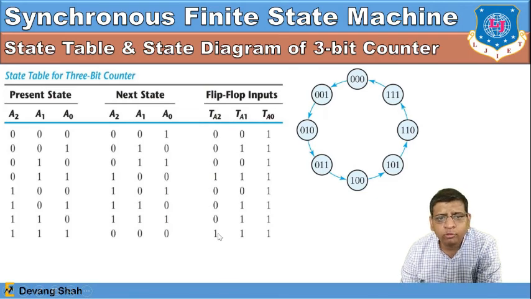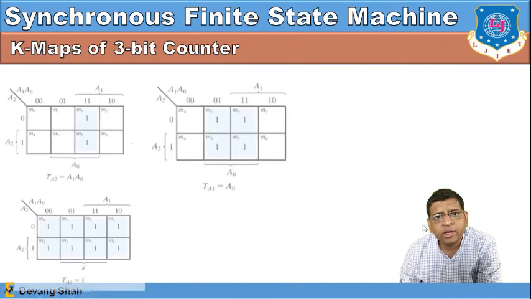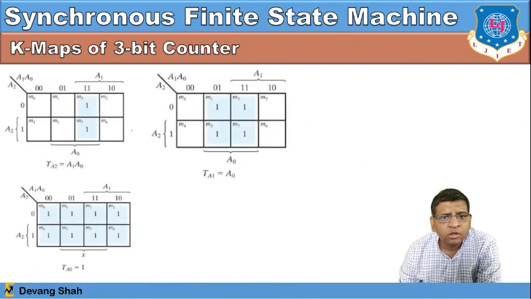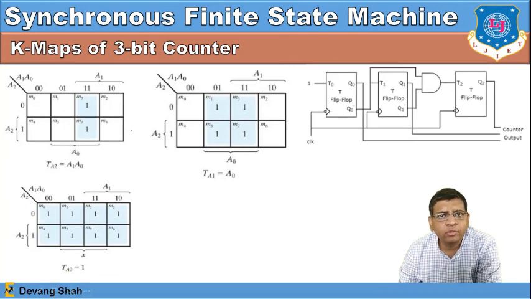Once you go for TA2, TA1, TA0 with the K map, you can design this 3-bit counter using T flip-flops. In this way you can design synchronous counters, right?